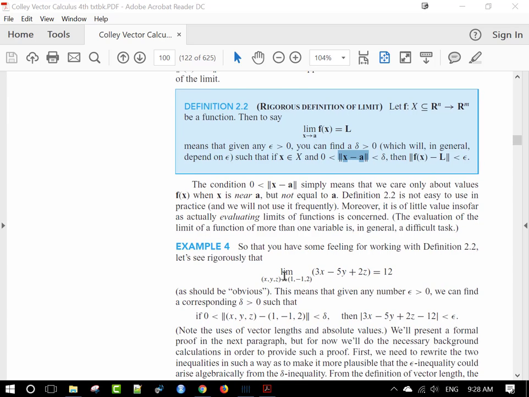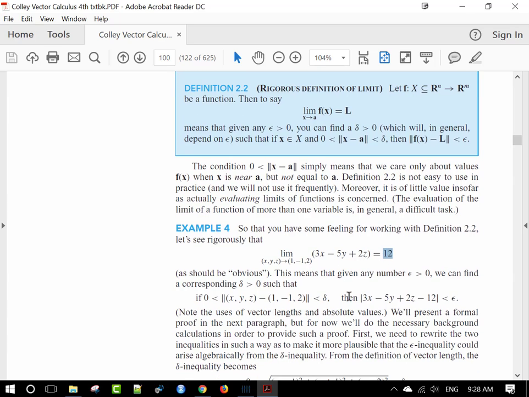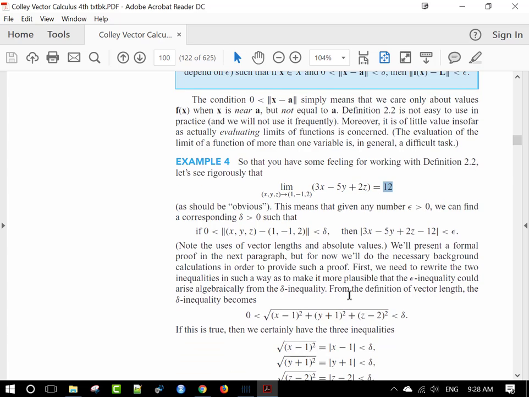So let's see, what's this function? This has R^3 as the input space and R^1 as the output space. I'm not going to go through this, but they do it. So you can go through that.